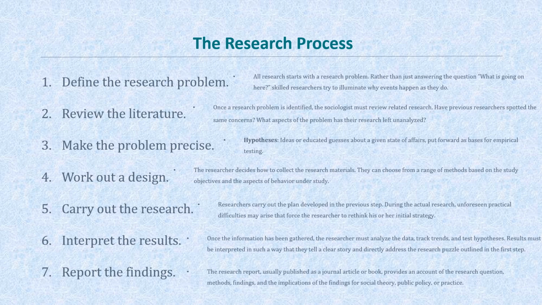Finally, reporting of the findings. This report is usually published either as a journal article or a book, and it provides an account of the research question, the methods, the findings, and the implications of the research for social theory, for public policy, or for practice.